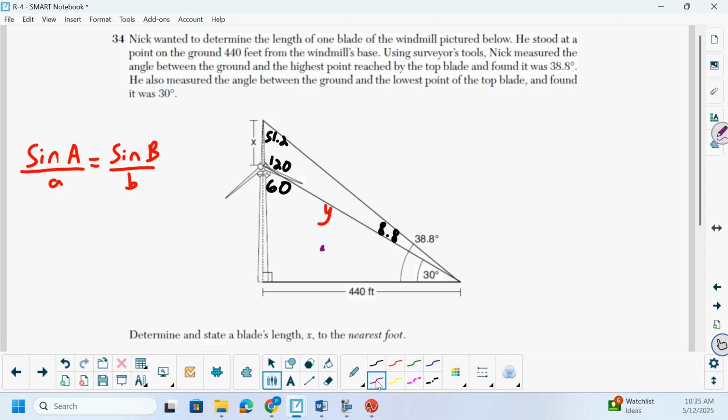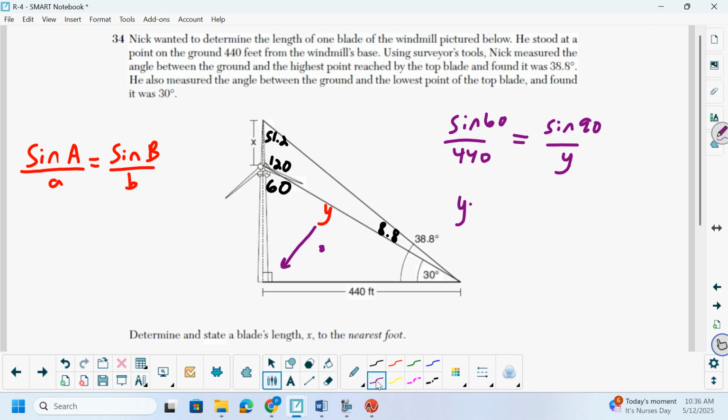So in this bottom triangle here, the 60 degrees is across from the 440. So we're going to do sine of 60 over 440 is equal to, and we want the y involved, so it's across from the 90. So we'll do sine of 90 over y. So we're going to cross multiply and solve for y.